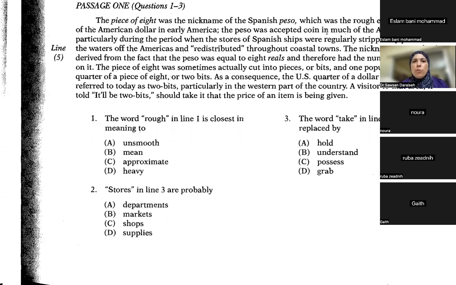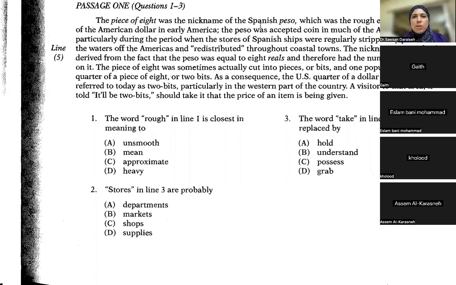Good job. So if we go to line 3, particularly during the period when the stores of Spanish ships, what is stores? Oh, okay. So stores, guys, the Spanish ships themselves, the warships, let's say Spanish warships. Stores are the storerooms in the ship itself. Were regularly stripped.